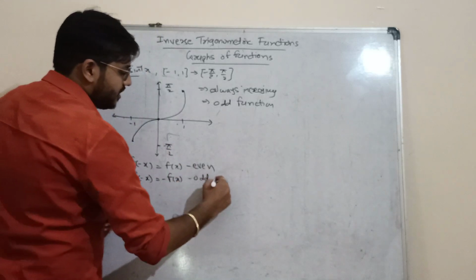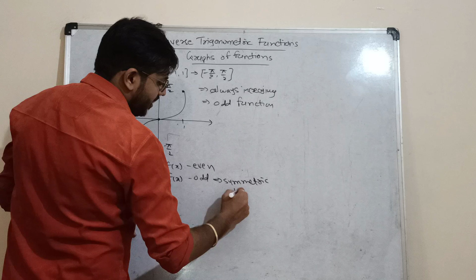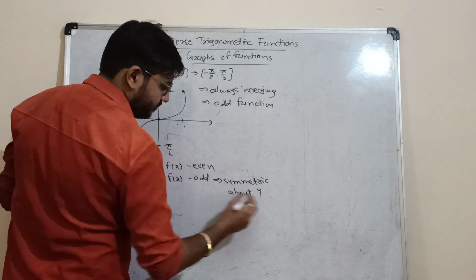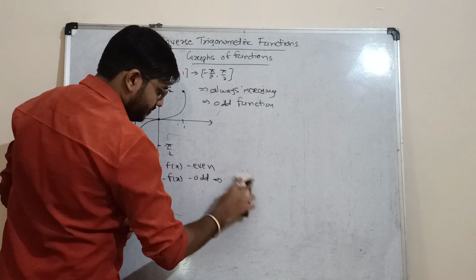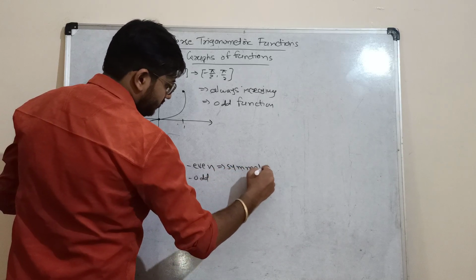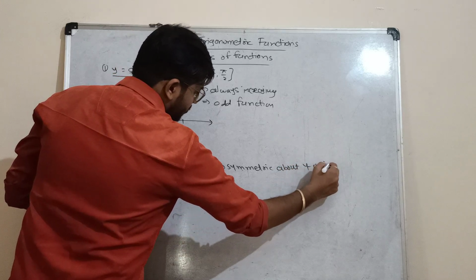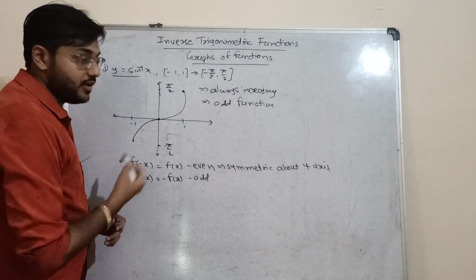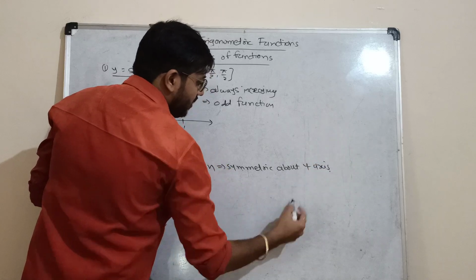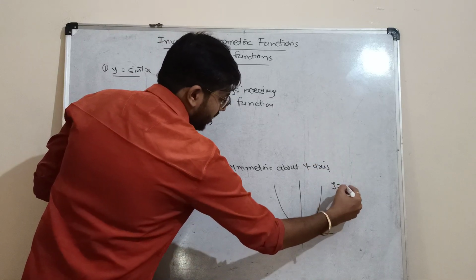But what is the meaning of that? If any function is symmetric about the y-axis, then this function can be considered an even function. Let me give the example of the function y equals x square. If you check, this is the graph of y equals x square.